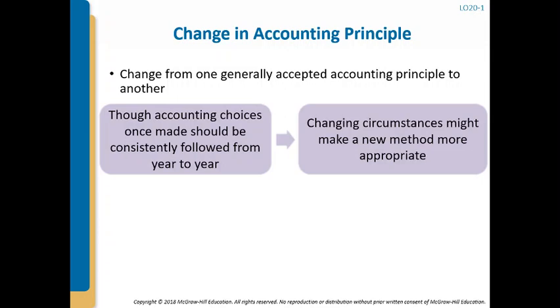By having consistency, you are able to compare one year to the next year. You're looking at apples versus apples rather than apples versus oranges. However, having said that, sometimes circumstances might call for a change, making the new method more appropriate.